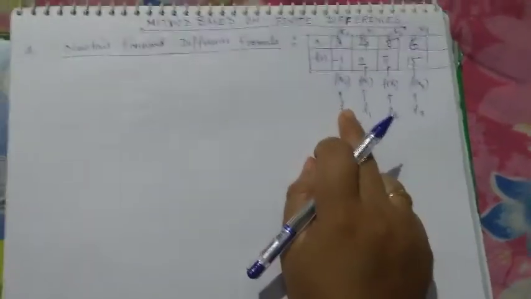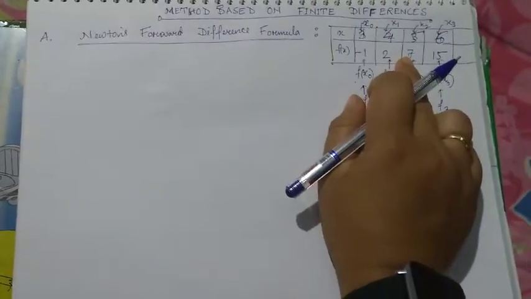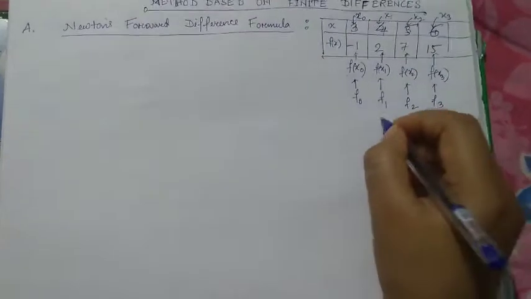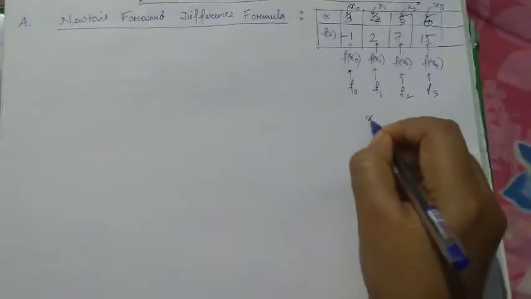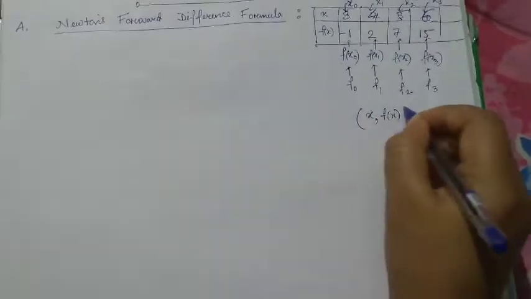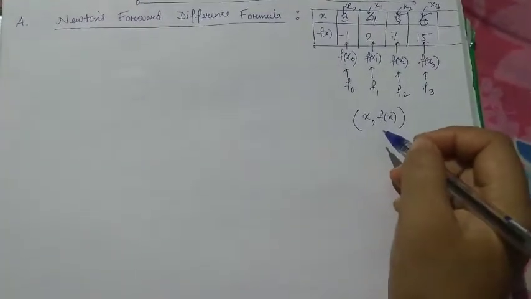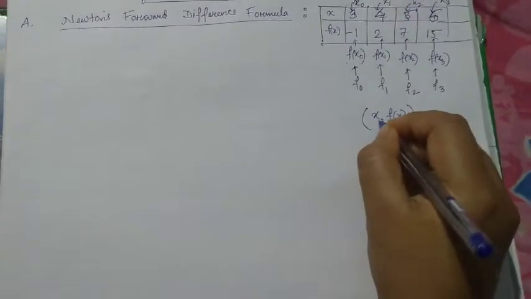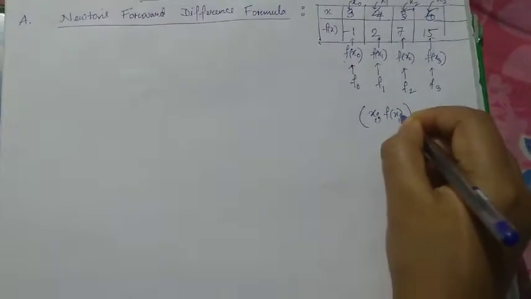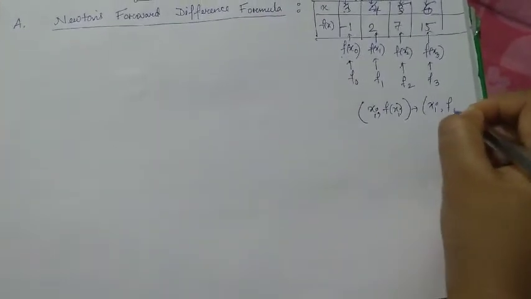That means you are given a set of data. How to represent that set of data? You are given the value of x, and for that there are some f(x) values. So this is a set of data. But if you want to generalize it, how will you write? xi, f(xi), or you can write xi, fi.